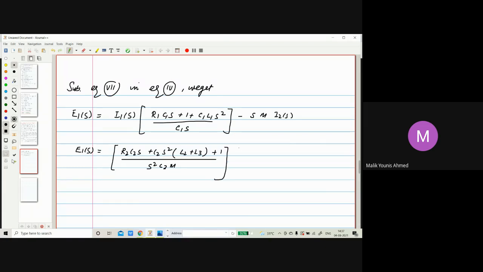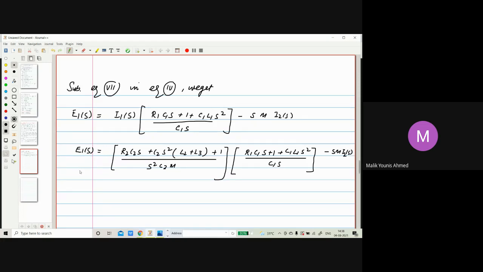Now let's have the value of the same thing. This is R1 C1 S plus 1 plus C1 L1 S square divided by C1 of S. Same, we are not doing anything to this value. Minus, we are keeping this value also same, I2 of S, because now everything is in terms of I2.